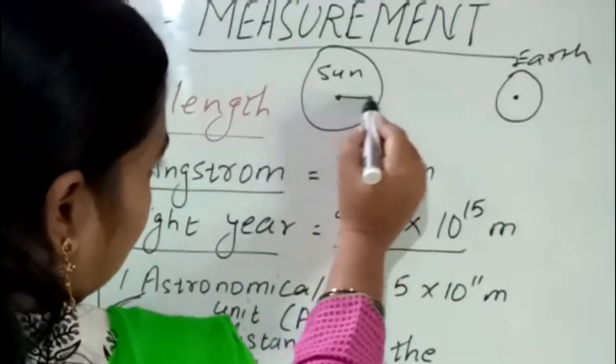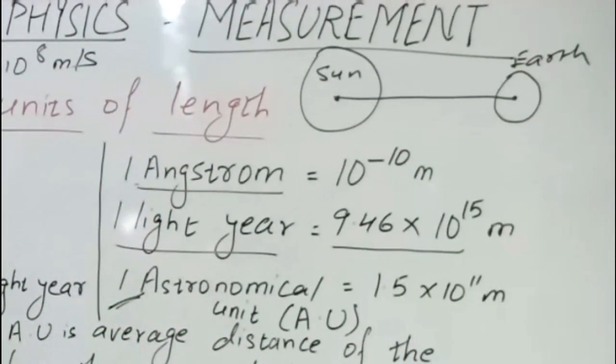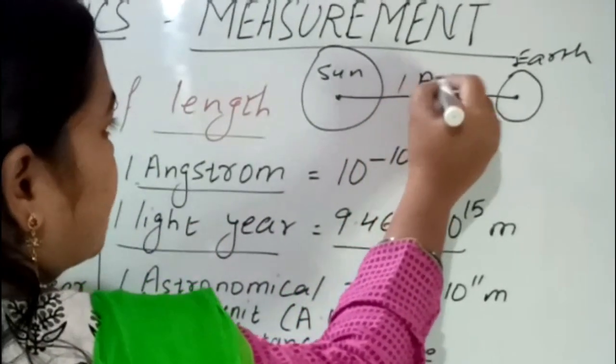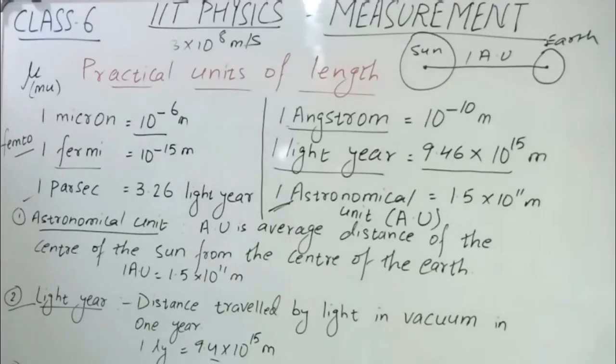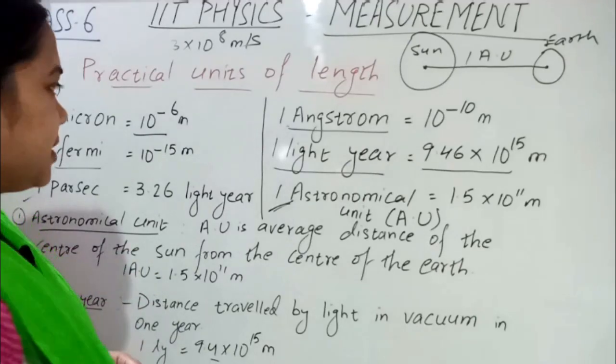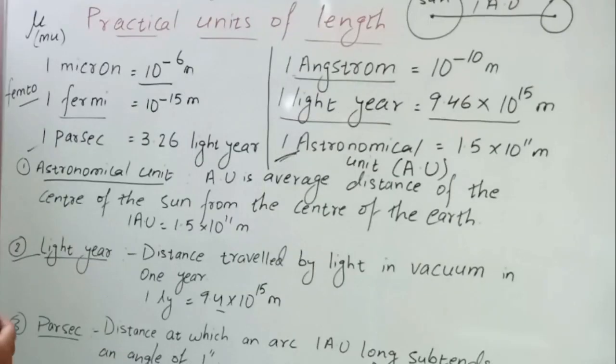So the average distance between the center of the sun to the center of the earth is 1 astronomical unit, and its value is 1.5 into 10 to the power 11 meter. So it's also a very big measurement unit.